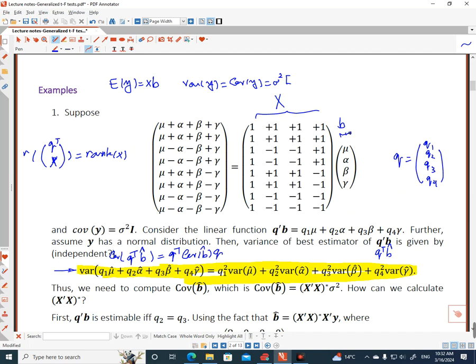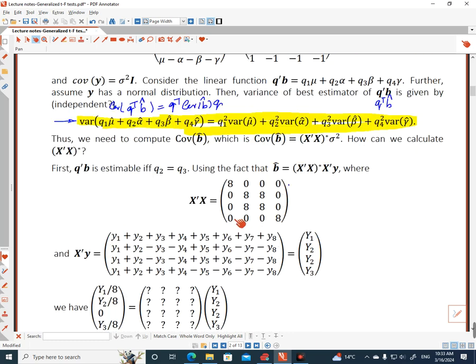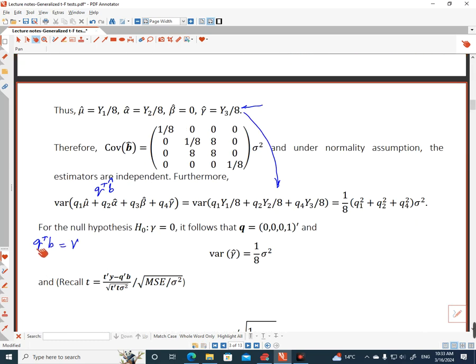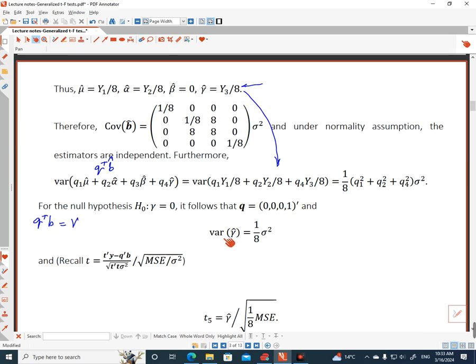If I come back to b, you will see that in b the last element is gamma. So in order to get q prime b equal to gamma, you must pick q to be this column vector. And simply, the variance of gamma hat is 1/8 sigma square.